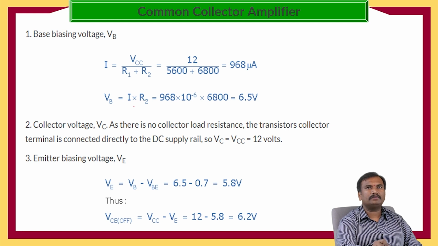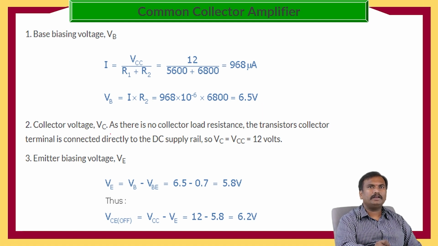VB is equal to I into R2, that is 968 into 10 to the power of minus 6 into 6800, which is equal to 6.5 volts.